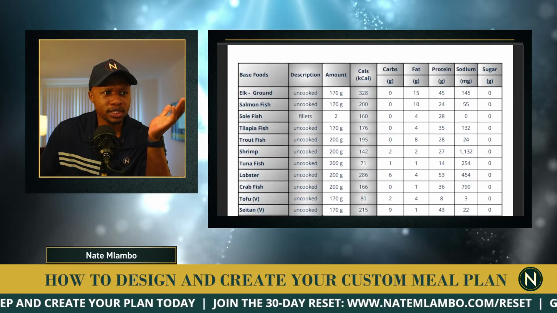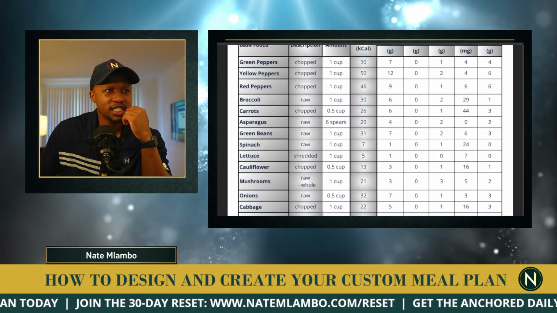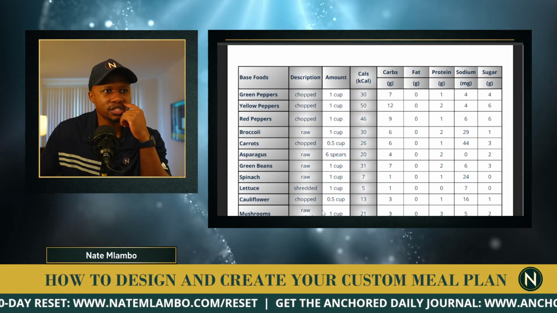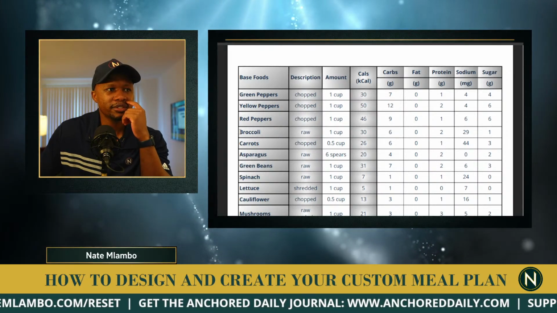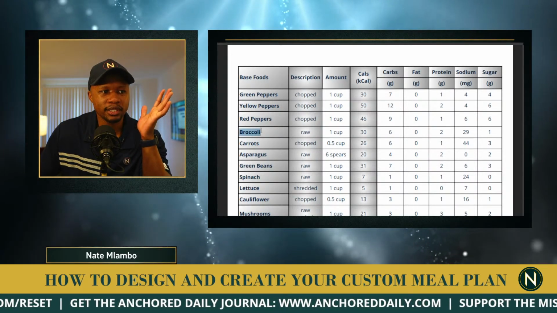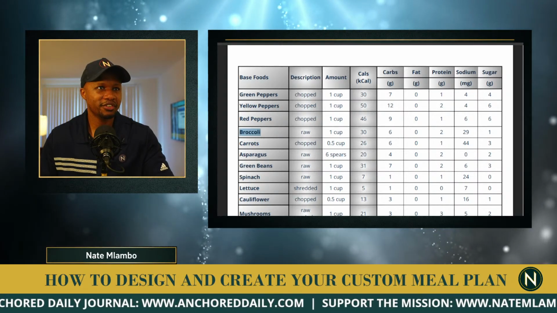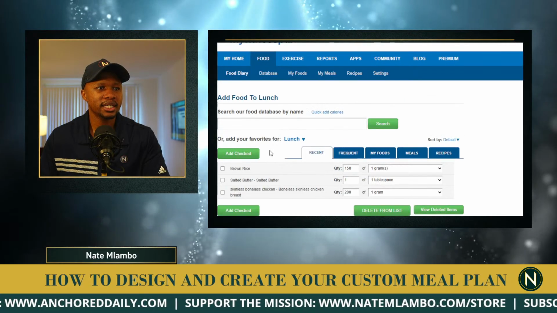Now I'm going to pick a fruit. Let's see what fruit we can add, or veggies. Yeah, she needs veggies in a diet. So we're going to see what's typical. Let's go with your standard stuff. Okay, let's go broccoli. You can add anything, really. So we're going to add some broccoli into the diet.